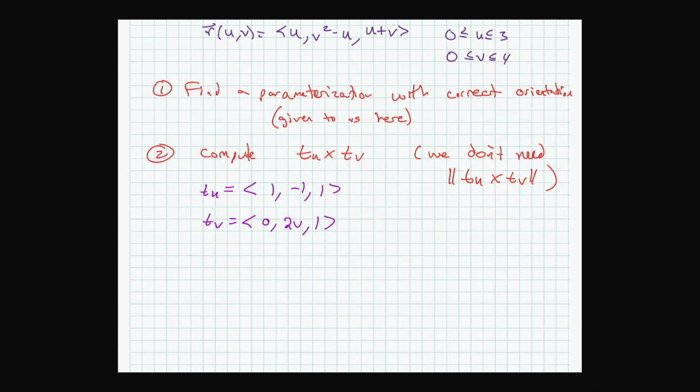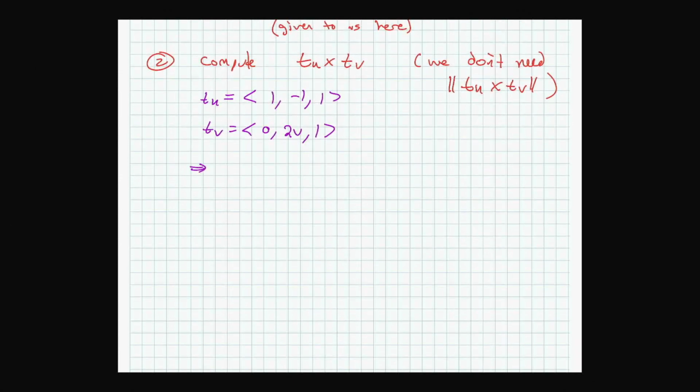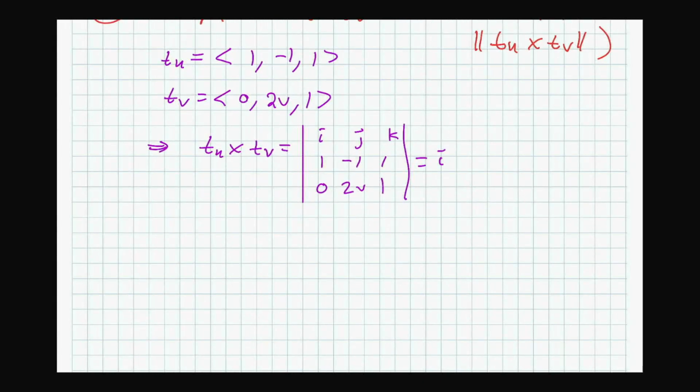Then we need Tu cross Tv. Again, you can go use Wolfram. I guess we calculated the last one and it didn't kill us. We'll do this one again, and hopefully it won't kill us. i times the determinant of negative 1, 1, 2v, 1, minus j times the determinant of 1, 1, 0, 1, plus k times the determinant of 1, negative 1, 0, 2v. I think those are right.